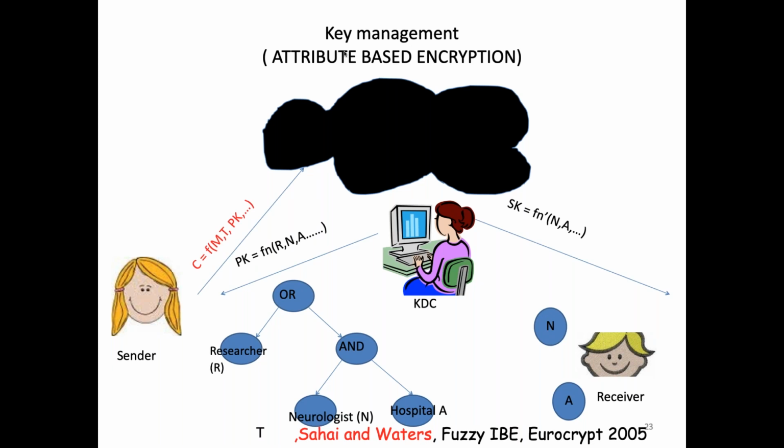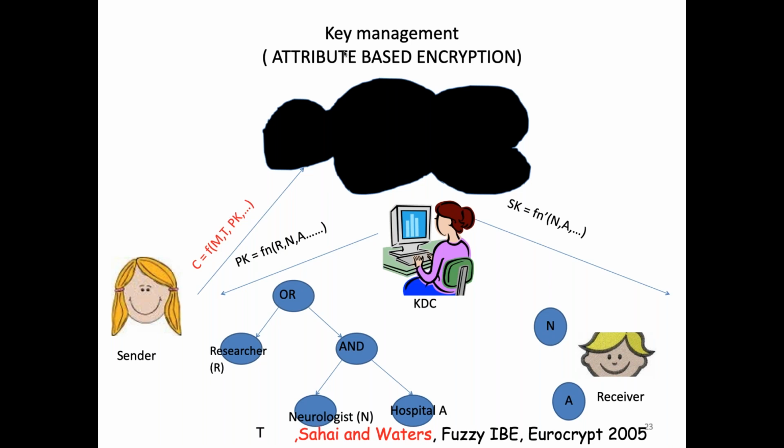The sender computes a ciphertext, which would be a function of the message M, the attributes, and the policies. So the sender, or the patient, can have an access policy, here represented by a tree, which is associated with the ciphertext and is some function of the public key.